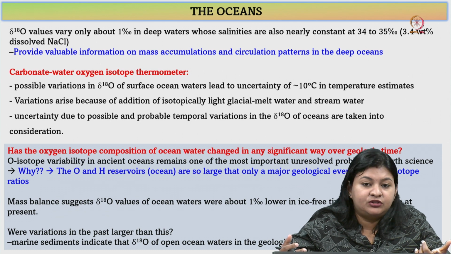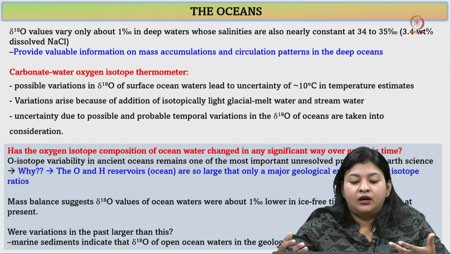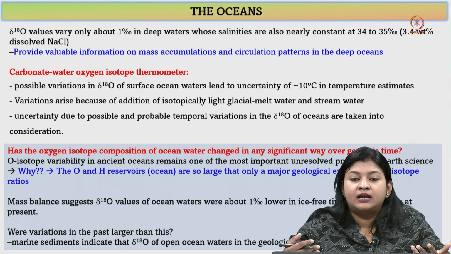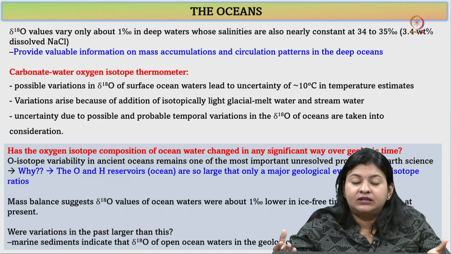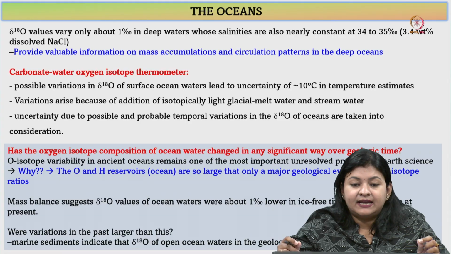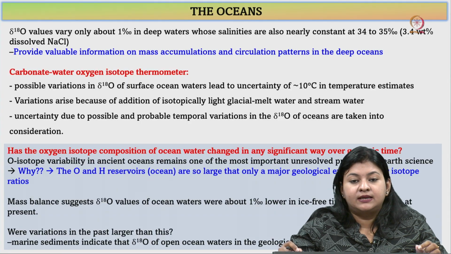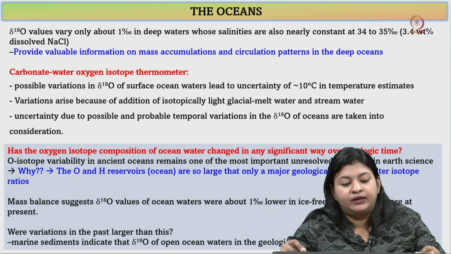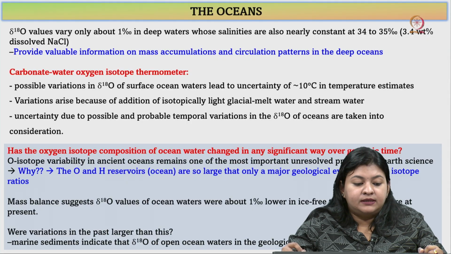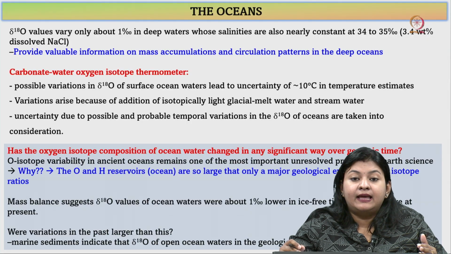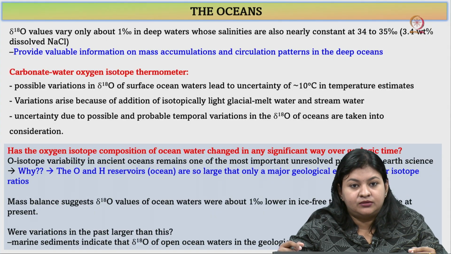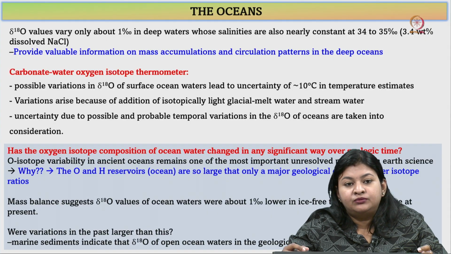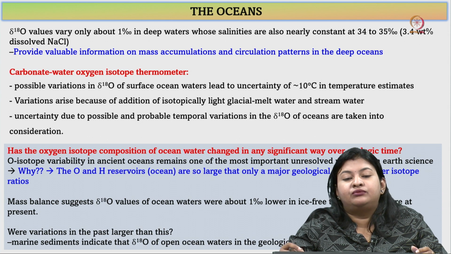There can be storms, rainfall, or very hot and humid weather where there is a lot of evaporation going on. Therefore, the delta 18O values change. These kinds of processes can alter the delta 18O values, so we depend on the deep sea delta 18O values. Therefore, we use the delta 18O values of the deep sea.